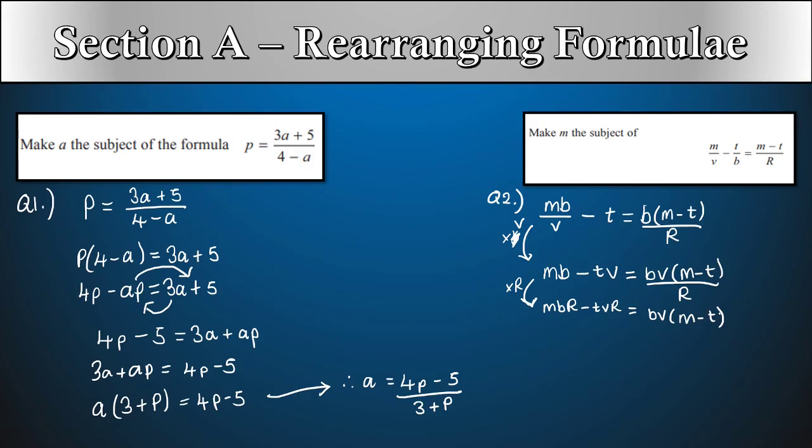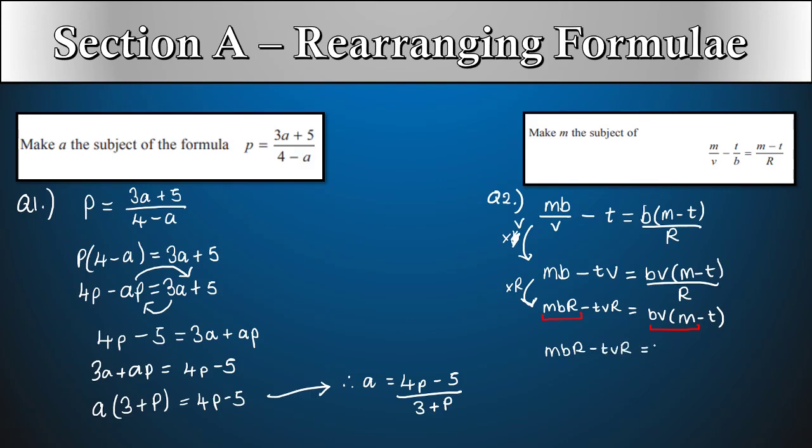Okay, we're getting close to what we need now. So like we just said, we need m as the subject here, so we need to get all the m's on one side. I've got an m here, so let's just underline what we've got so far. So I've got this m here, and I'm also going to have this m here when we expand. So I need to collect these red parts onto one side. So doing so, the left hand side won't change, that'll be mbr minus tvr.